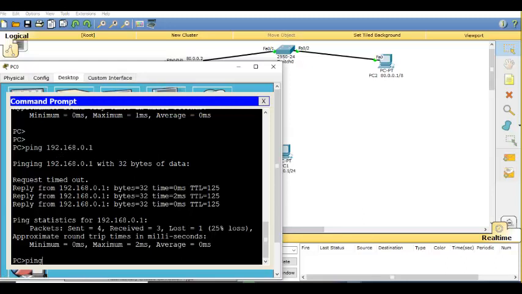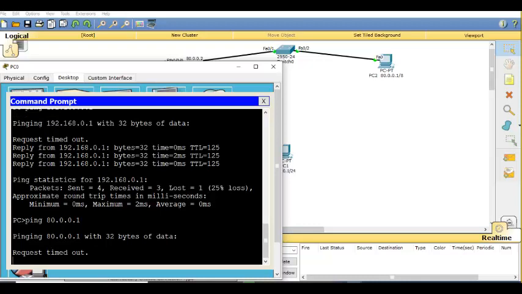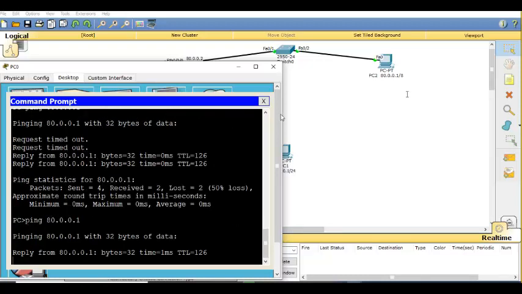So if I ping from here, you can ping. That is what I was actually asking. You didn't understand before, now you understood. So now this ping will happen, you see. See, it's pinging.